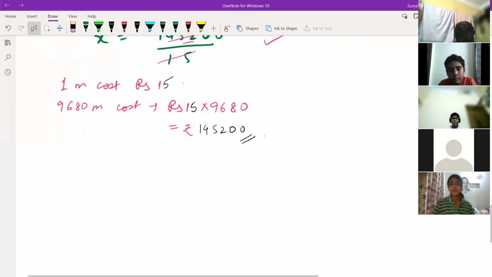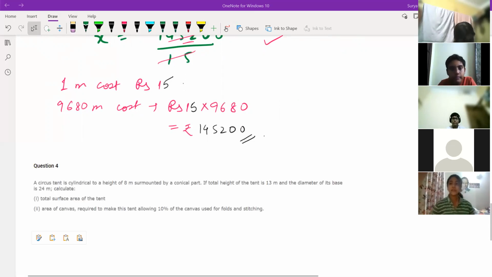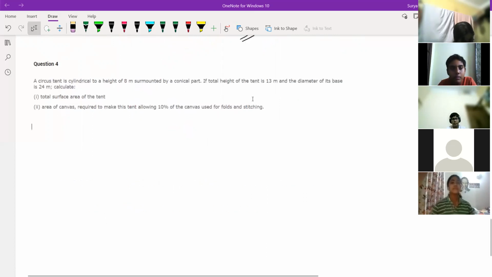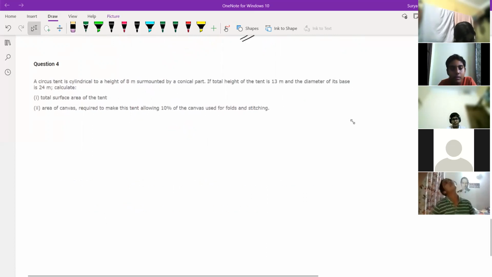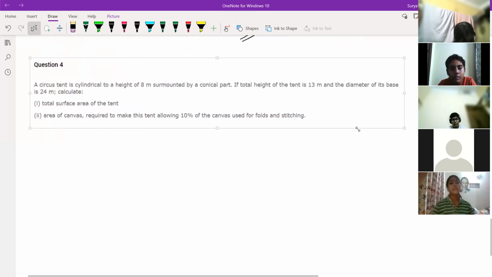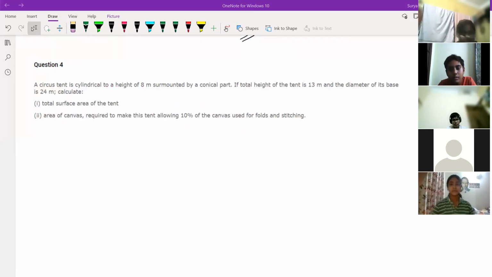One minute. So circus tent. Same thing is this? No, no, different, right? I'll just give you the diagram image over here for this, okay?